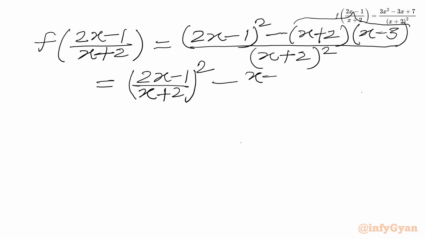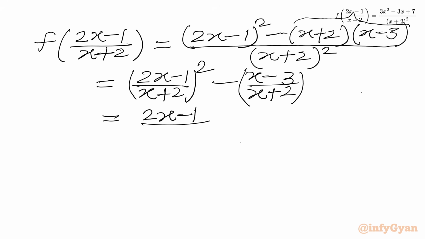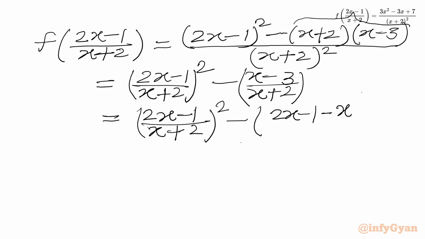We will get (x - 3)/(x + 2), which will be equal to ((2x - 1)/(x + 2))² minus, here we will write 2x - 1 first. Now we have to compensate by a few terms to get x - 3. So 2x - x will become x, minus 1 minus 2 will give us minus 3. Denominator is x + 2.